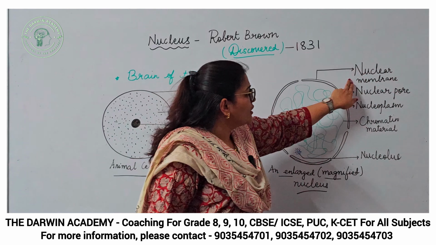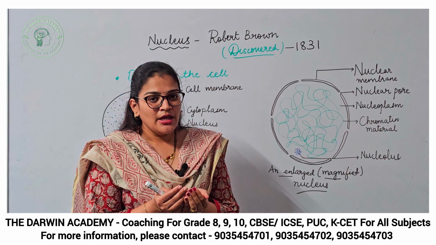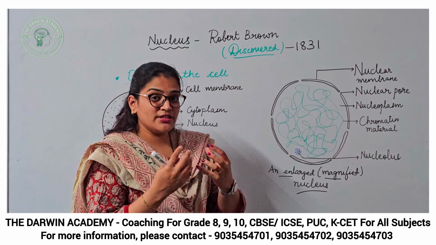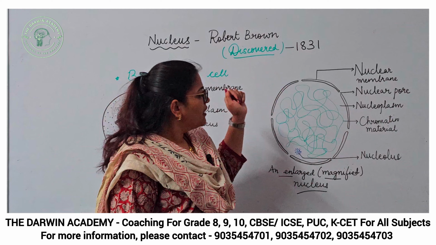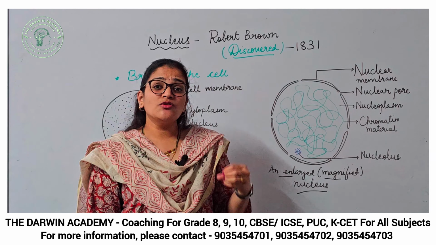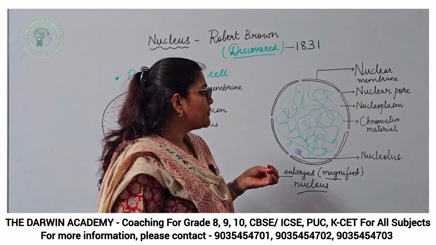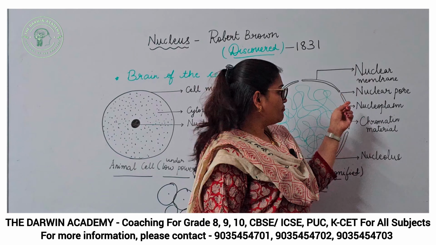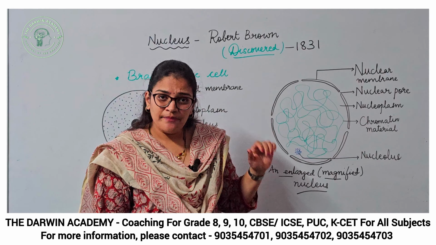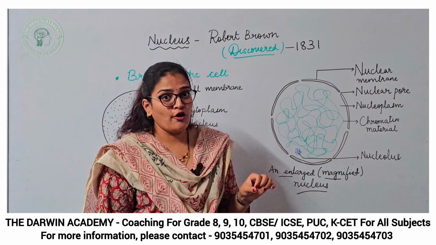The nuclear membrane's job is to protect the contents of the nucleus, and also to control what goes in and what comes out of the nucleus. Then what should be the role of the nuclear pore? The nuclear pore allows only specific substances to go in or go out of the nucleus. So it literally acts as a passage for the movement of materials into and out of the nucleus. I hope the structure of the nuclear membrane and the nuclear pore is clear for all of you now.